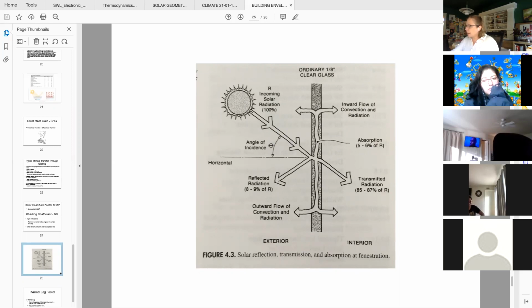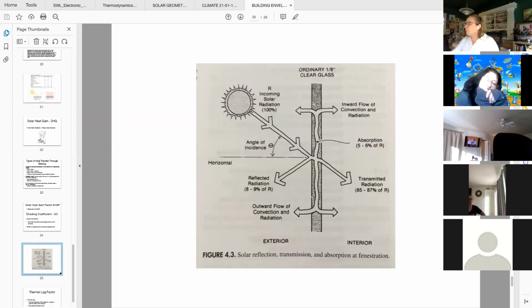And some of that solar radiation is also going to be reflected. Again, this is going to be a factor of your solar heat gain, and if you're looking at having a low E coating or something in your glazing. We'll talk about low E coatings later. We're not going to get into that today.